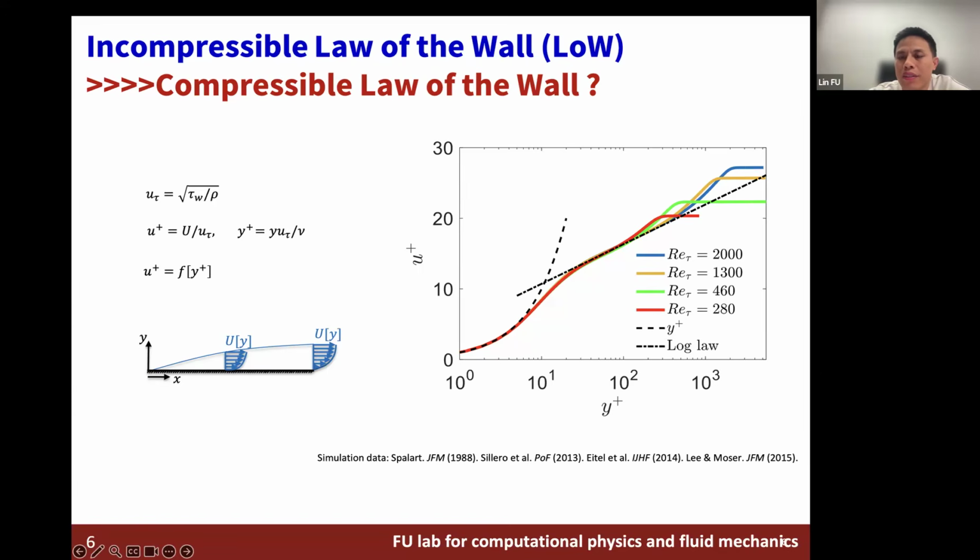With all the data together, you will see that below the logarithmic regime, you get a perfect collapse. In the viscous sublayer, buffer layer, and log regime, you get this collapse. So different Reynolds numbers eventually only change the outer regime of the boundary layer.